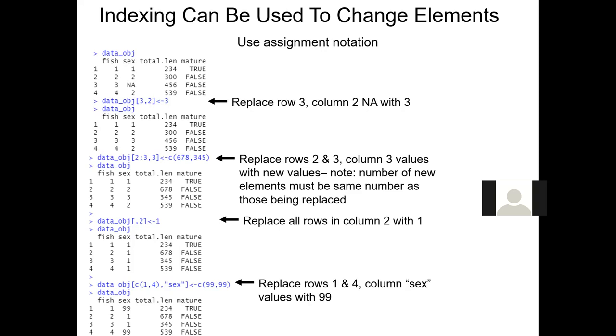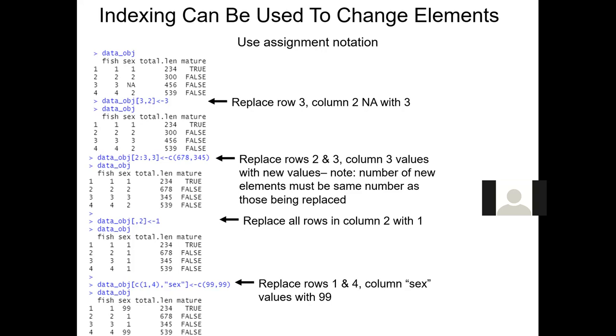In the printout just above here, we see that rows 2 and 3 at position 3 is total length, and we have values of 300 and 456 in those positions. And we want to substitute those with new values.